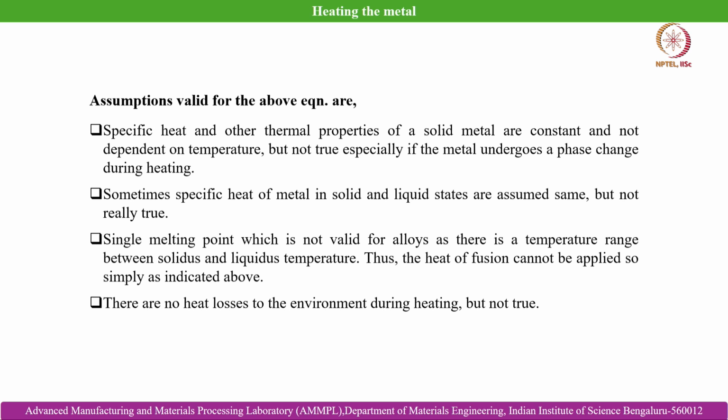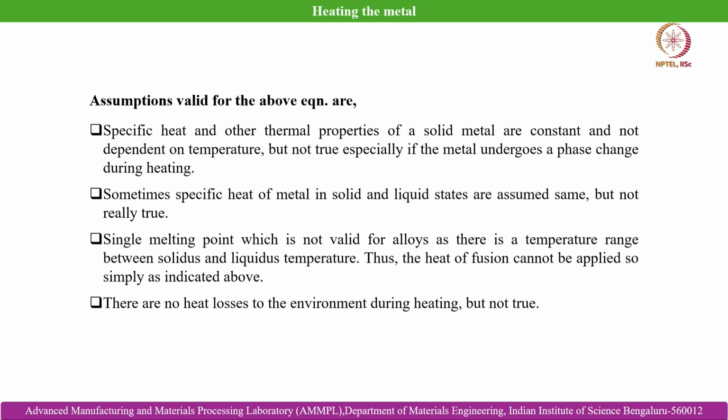Number three is a single melting point, which is not valid for alloys because there is a temperature range between the liquidus and solidus temperature of the particular alloy. That means melting starts the moment the temperature overshoots the solidus temperature, and melting becomes complete only when the temperature overshoots the liquidus temperature.